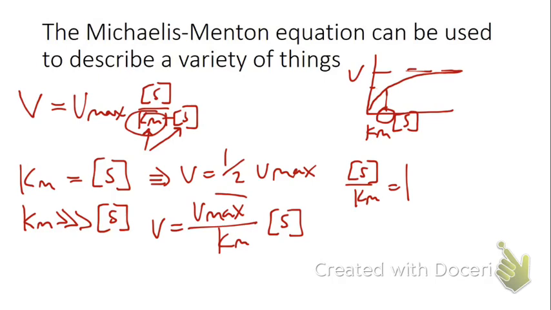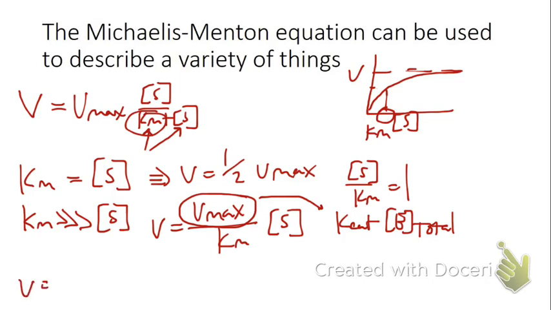And so previously we saw that Vmax is equal to kcat times enzyme total. So what we can do is we can put kcat times enzyme total into the Michaelis-Menten equation.